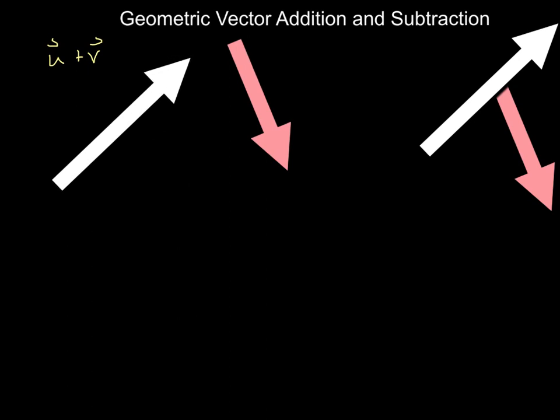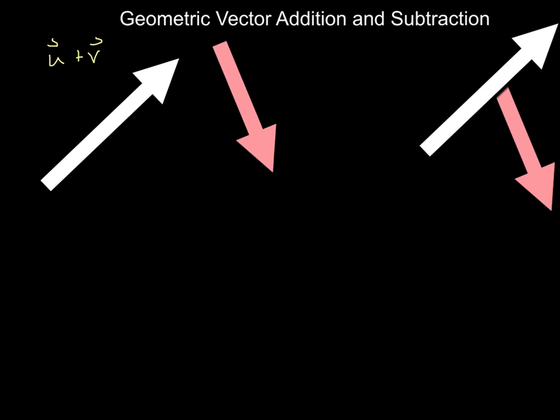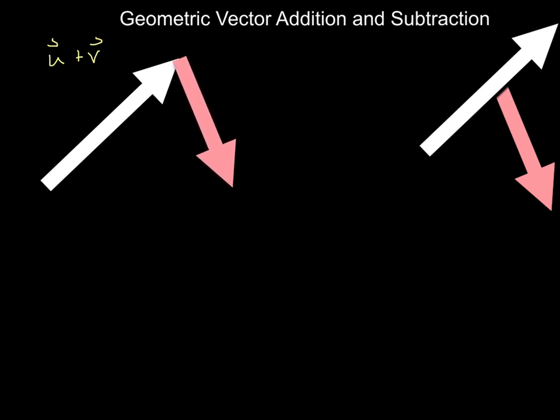I'm going to take vector u, and I'm going to place it at some location. And then at the tip of vector u, which is right there, I'm going to put the tail of vector v. And so I move that right here, tip to tail.